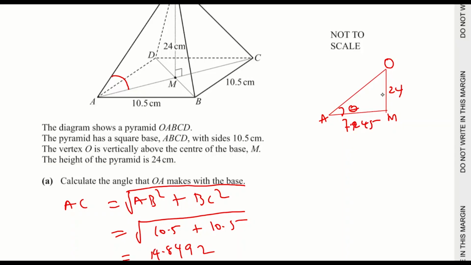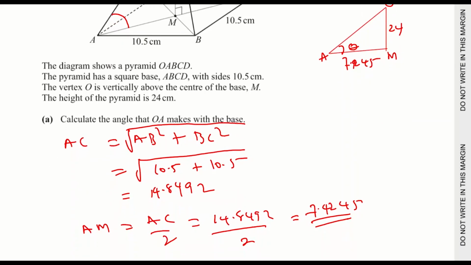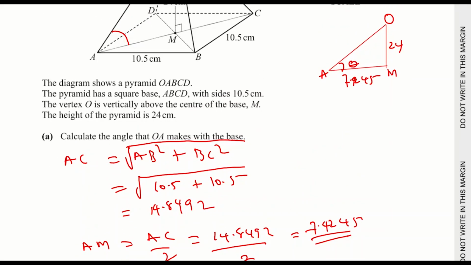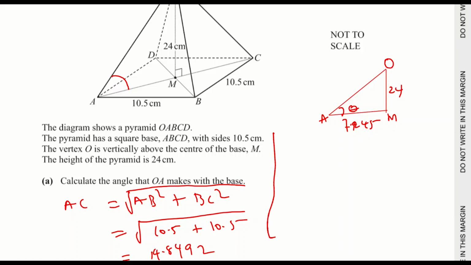Now that I have the value of AM, 7.4245, I have opposite against adjacent, that is tangent theta. Let me just leave a demarcation here. So tan theta equals 24 over 7.4245.